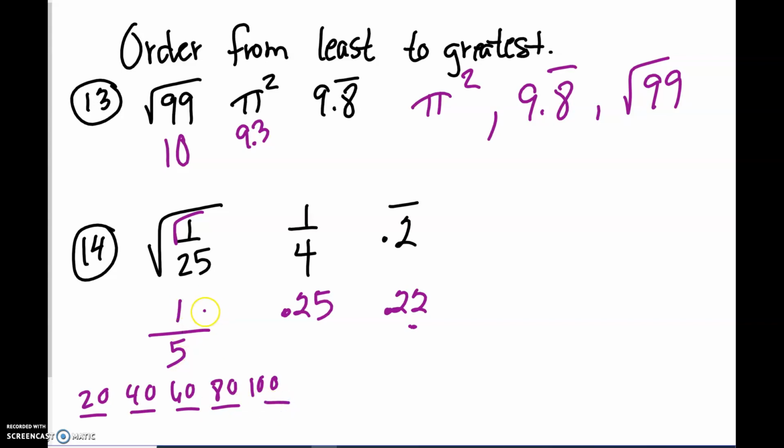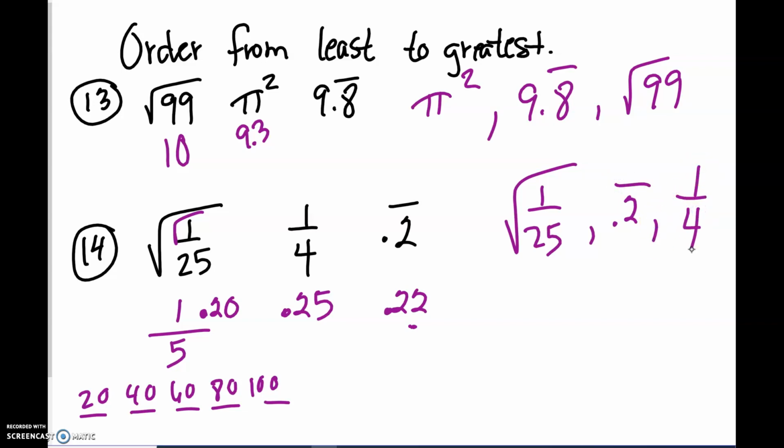So 1/5 is going to be 0.20. Okay, now that they're all to the same place value, we can just look: 20, 22, 25. So the smallest number is going to be the square root of 1/25. Then it's 0.2 repeating, and the biggest number is 1/4.